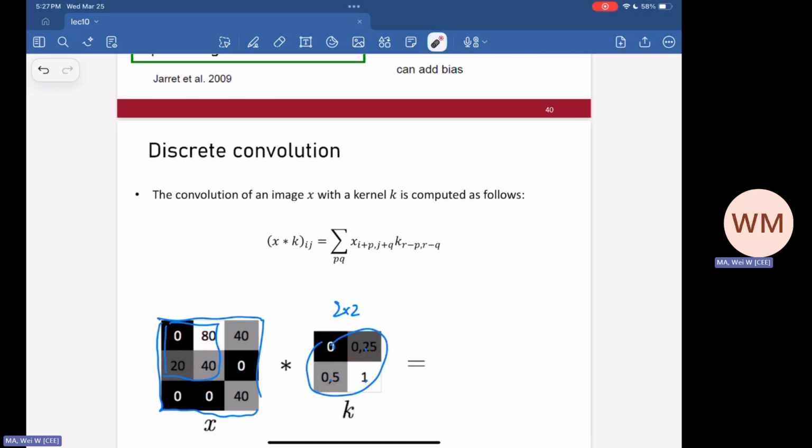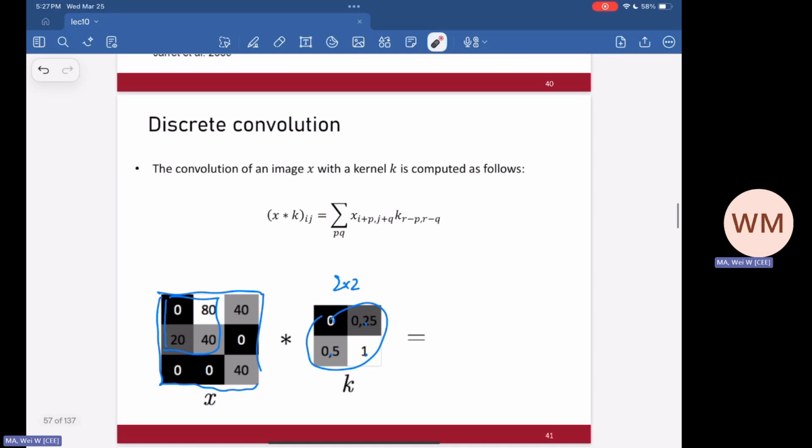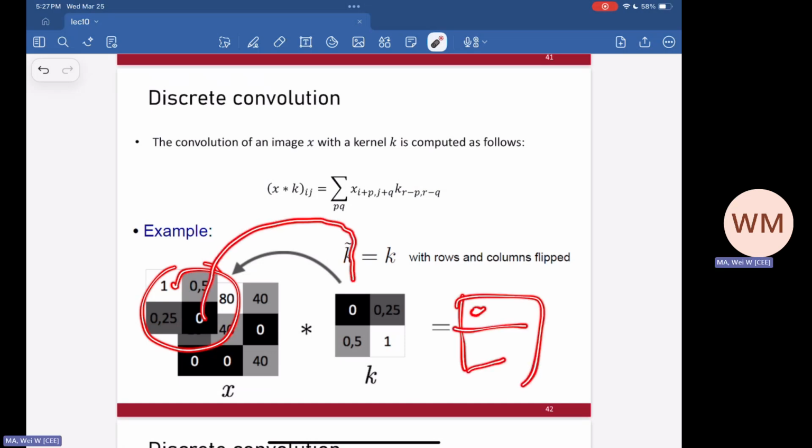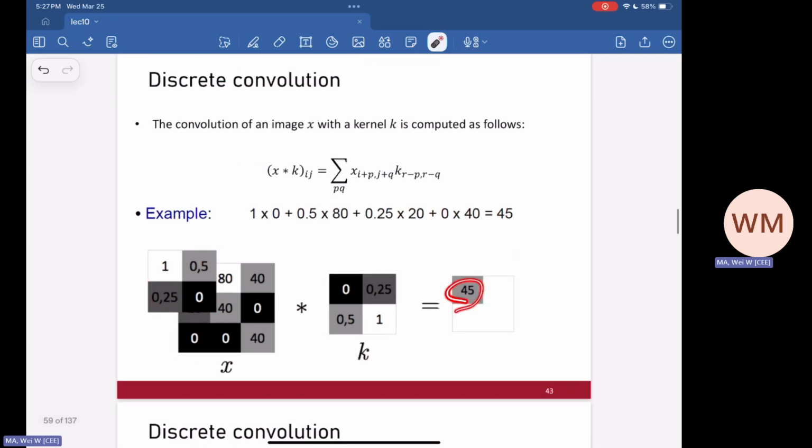So use transpose. Or you can use this one times this one. So there are two versions. I think here we are using the transpose version. So basically you transpose, then you multiply each by each, and then you sum together. This gives you the first number here.